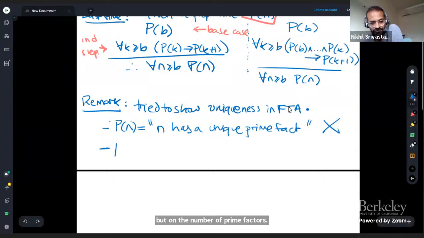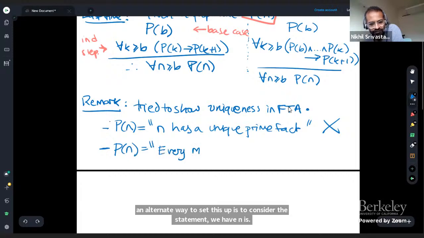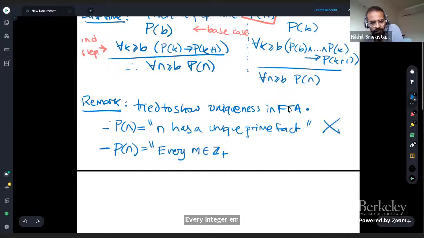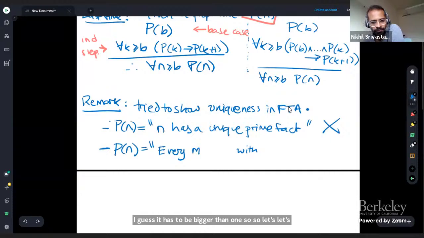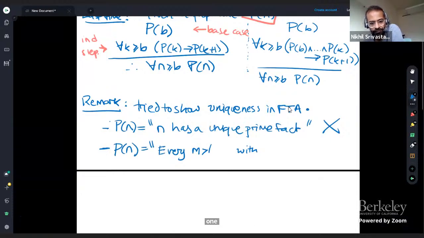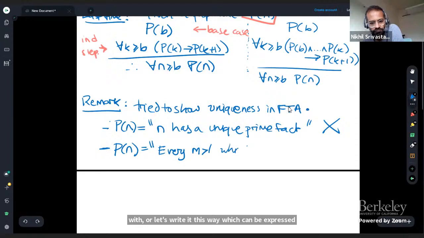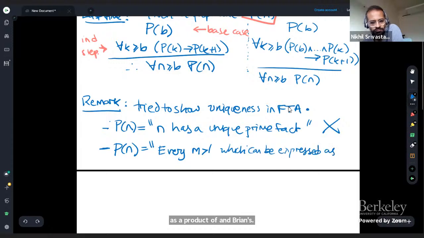So an alternate way to set this up is to consider the statement P of n: every integer m bigger than 1 which can be expressed as a product of n primes has a unique prime factorization.